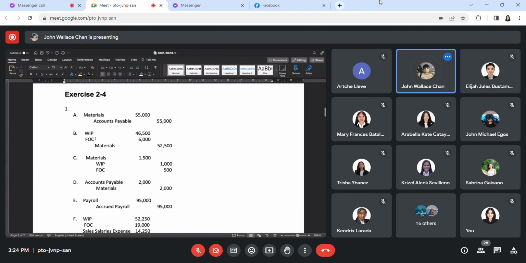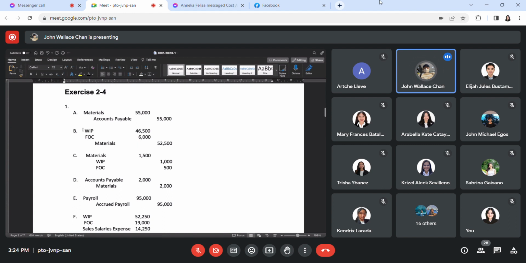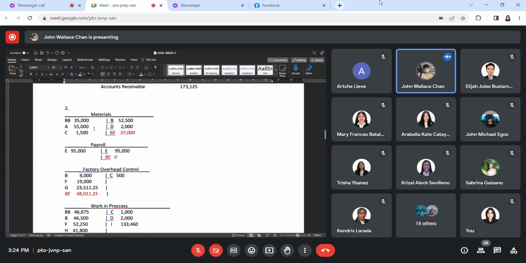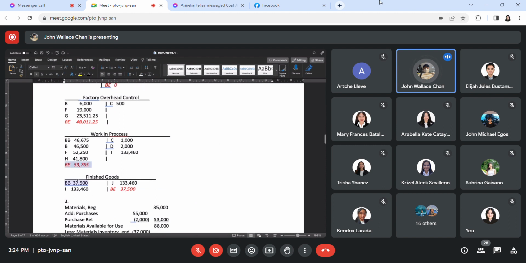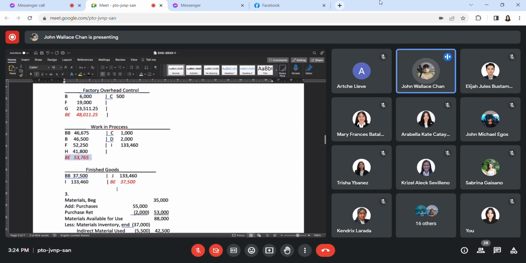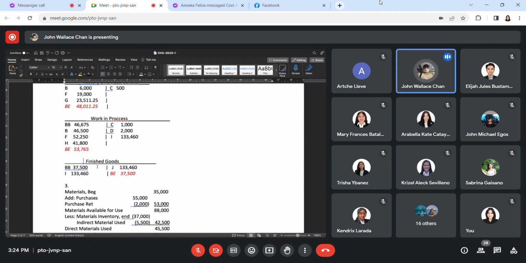So whatever you debit, you just put on our debit side. It's just like how the accounts work. Then we end up with an ending balance of 53,765. For our finished goods, it says here na on April 1, we had a beginning balance of 37,500 for our finished goods.